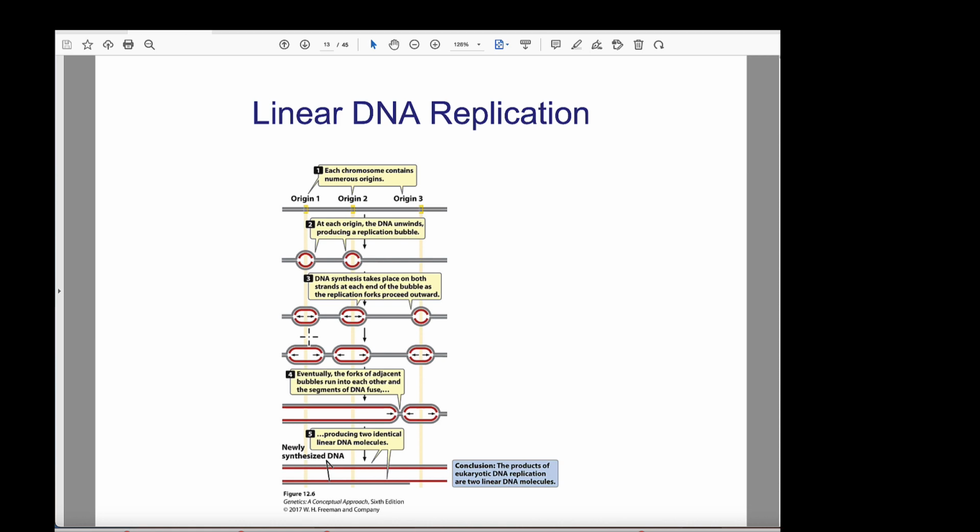At the end of each bubble, you have what we call a replication fork. This is a replication fork here. And eventually, as replication continues, the replication bubbles will run into each other, as you see here. And the end result is two linear DNA molecules that are identical.